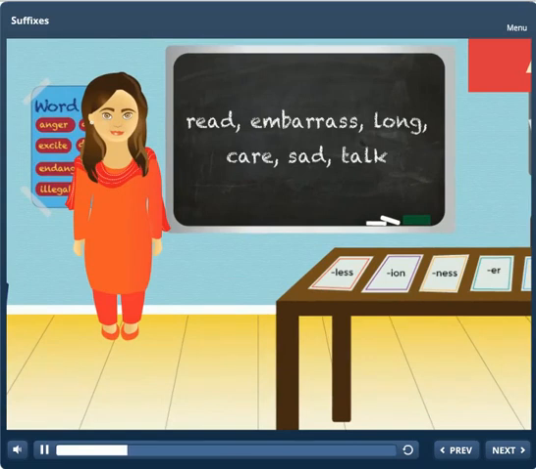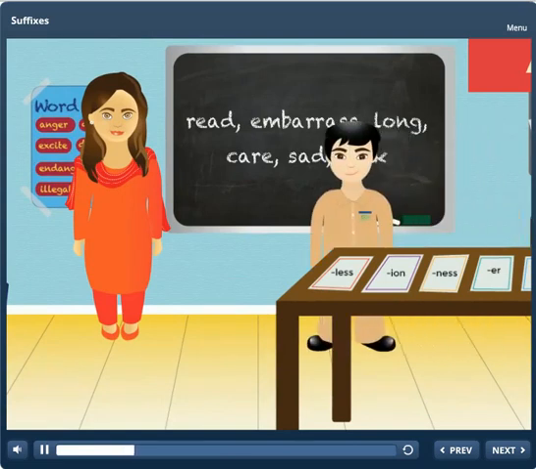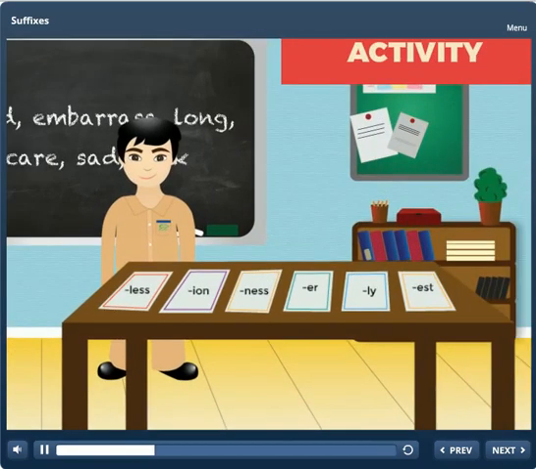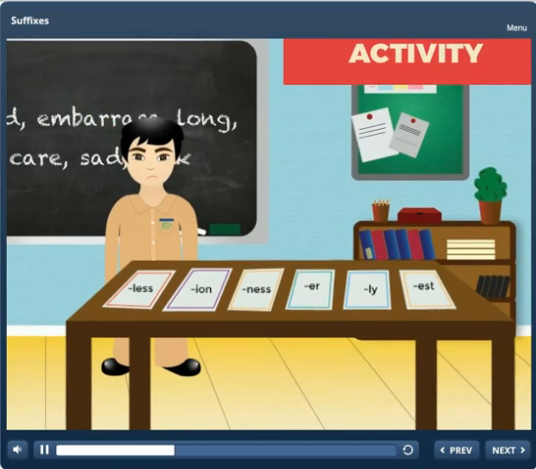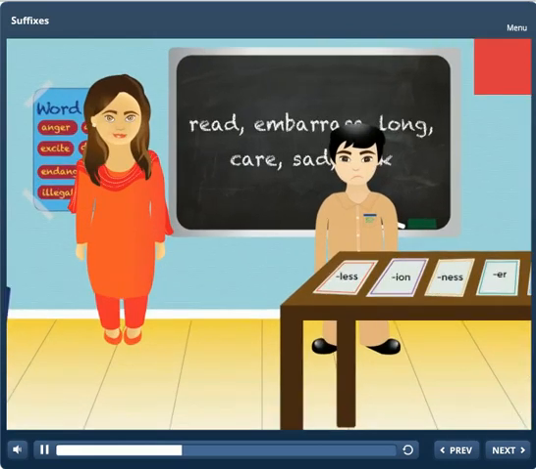Hamza, can you come up here and choose a suffix that you can fix to the end of the word sad? Teacher, I can use more than one. That's right, Hamza.